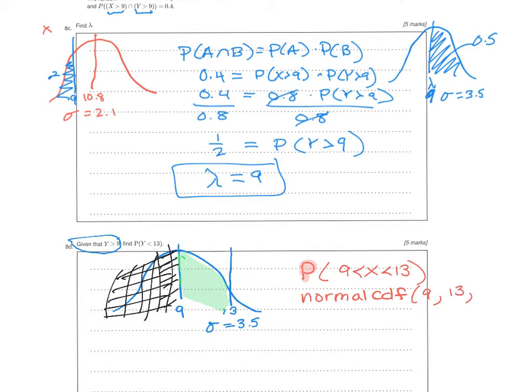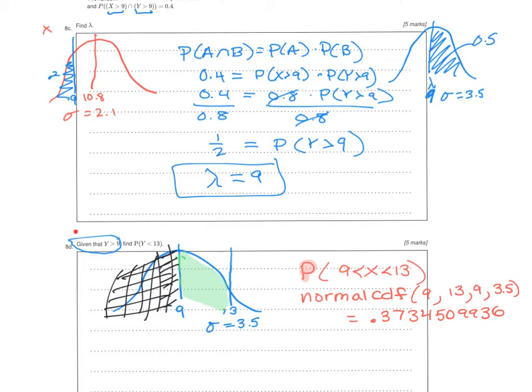The mean is 9. And the standard deviation, they told us, is 3.5. So when we do that, it gives us a probability of 0.37345099936.